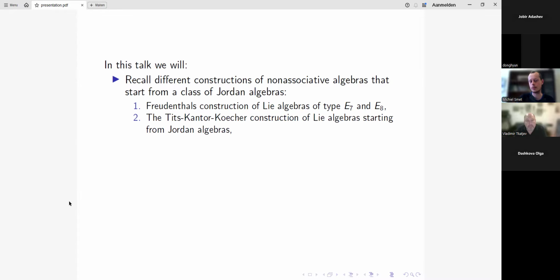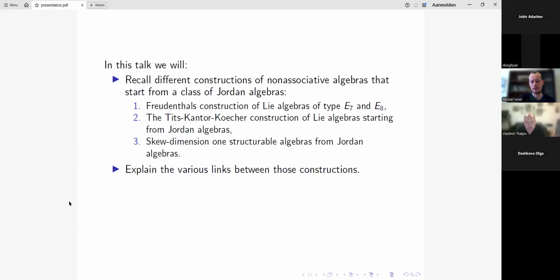I will also recall the Tits-Kantor-Koecher construction for algebras starting from Jordan algebras, and introduce Q dimension 1 structurable algebras that come from Jordan algebras associated to cubic norm pairs. These are, of course, three distinct constructions, but they are linked. I will explain how they are linked. After that, I will introduce Hermitian cubic norm structures and cubic norm pairs as a means to generalize these constructions.